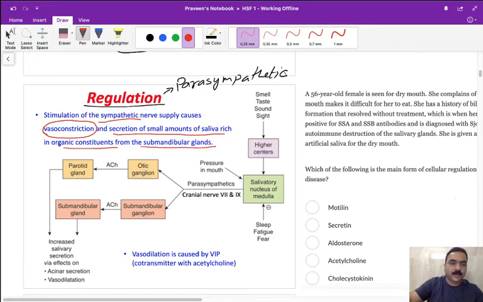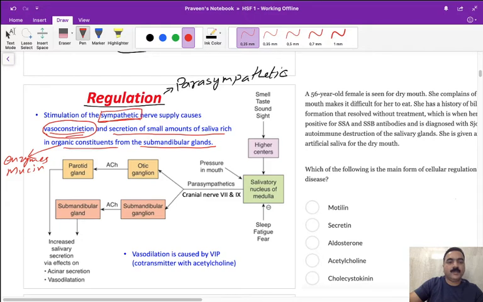These organic constituents include the enzymes and mucin. So what will happen to the saliva under the influence of sympathetic? The saliva will become thick and it will reduce its content because of the vasoconstriction.